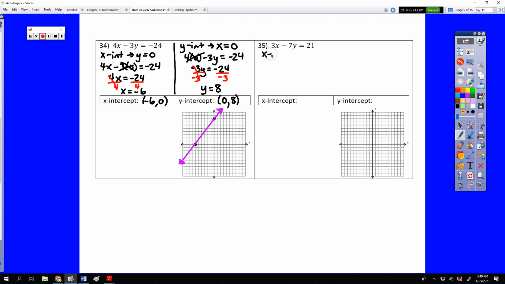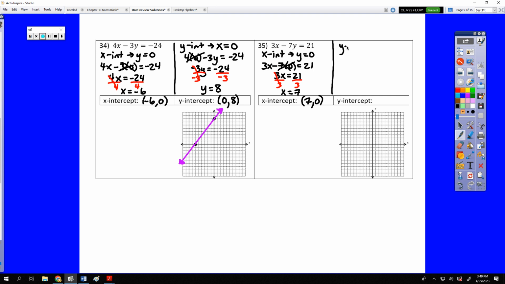Again, to find the x-intercept, we let y equal 0. So 3x minus 7 times 0 equals 21, which means the y term drops out. 3x is equal to 21. We then divide by 3, which gives us x is equal to 7. So the x-intercept is (7, 0).